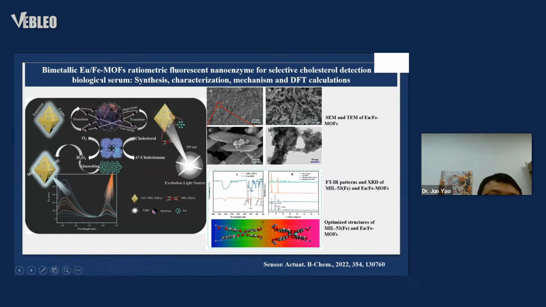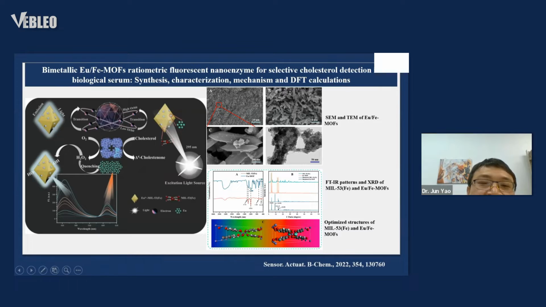In this study, we constructed the bimetallic MOFs and the enzyme to improve the sensitivity of the sensor.